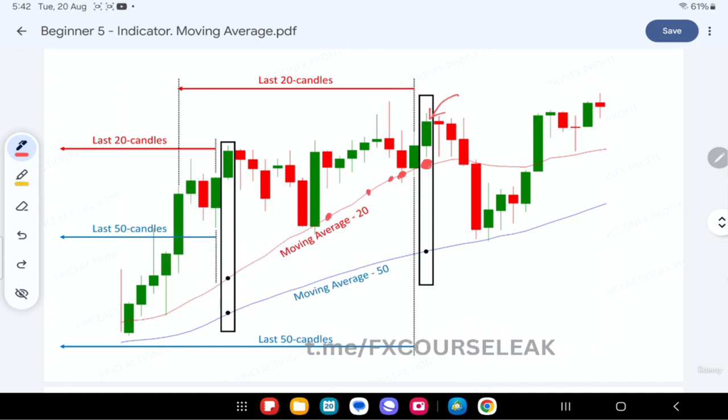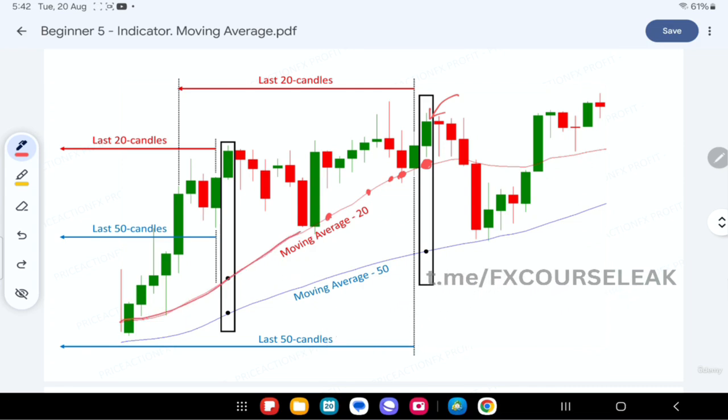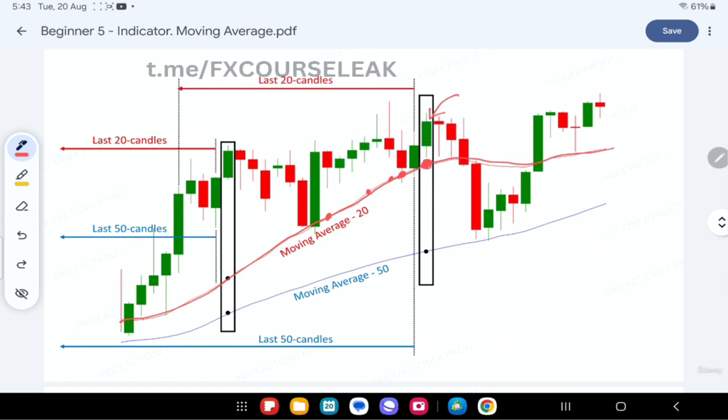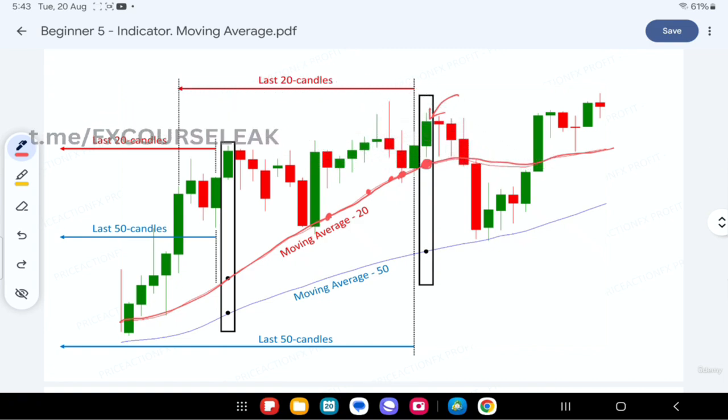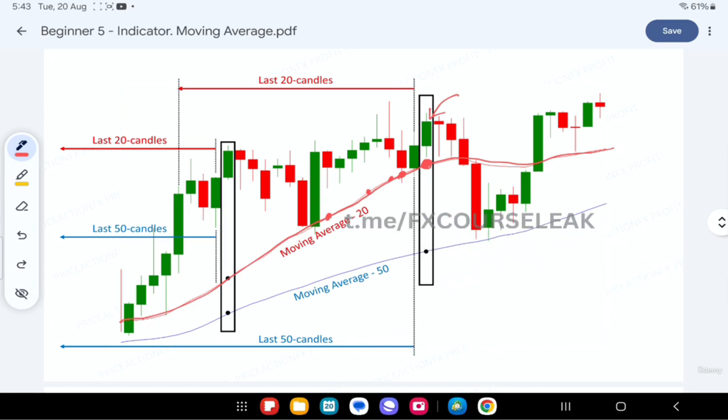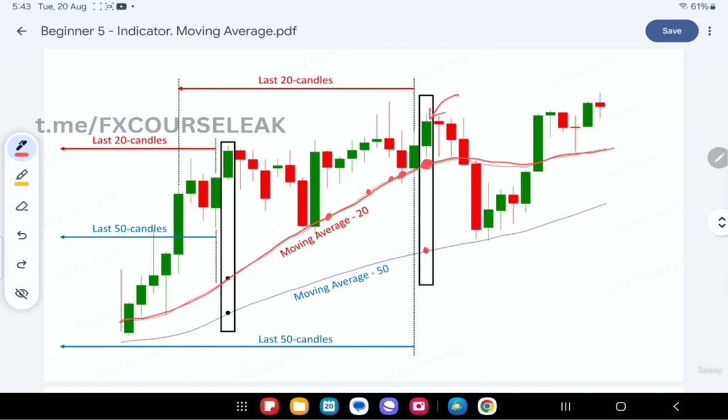When you join up every average price, this red line will appear. The same goes for the moving average 50, where it is not just 20 candles. This time it calculates the last 50 candles before each candle, and finds that the average price of the last 50 candles is here, here, here, here.